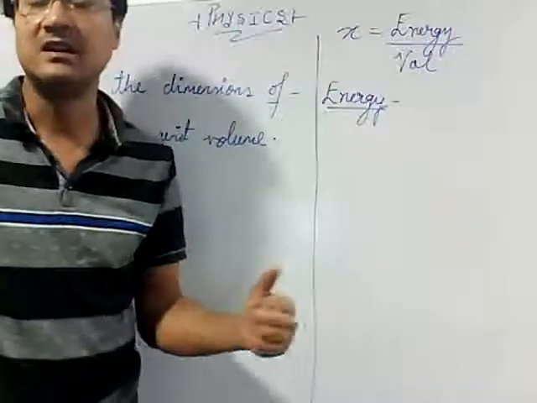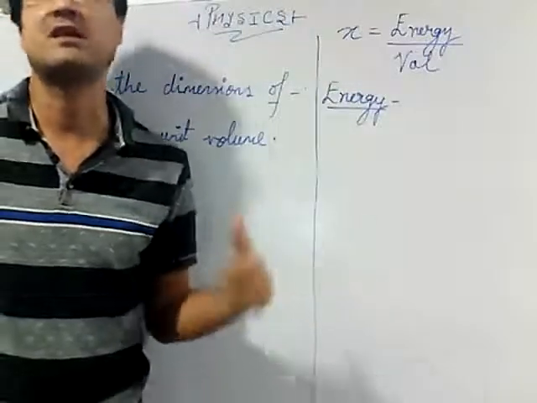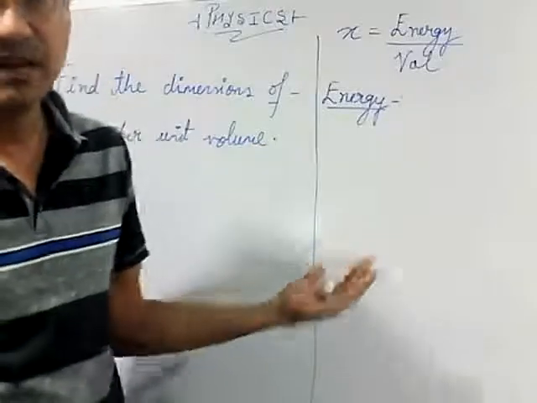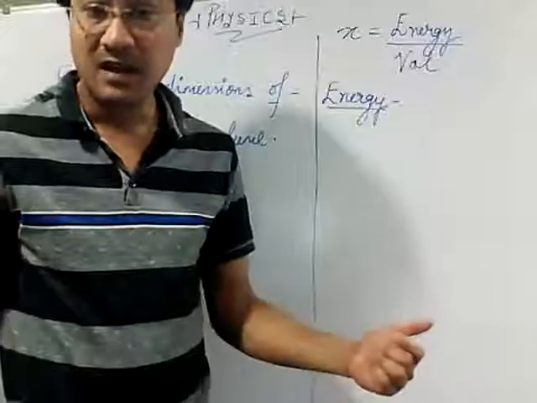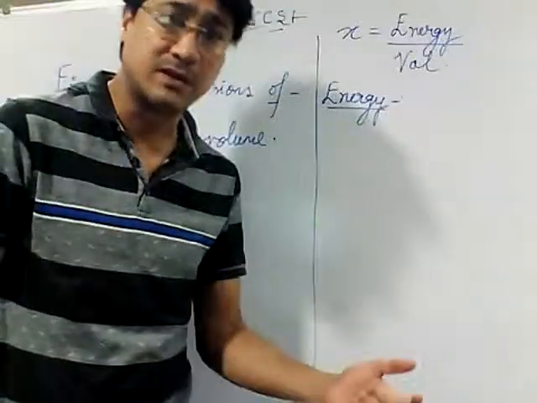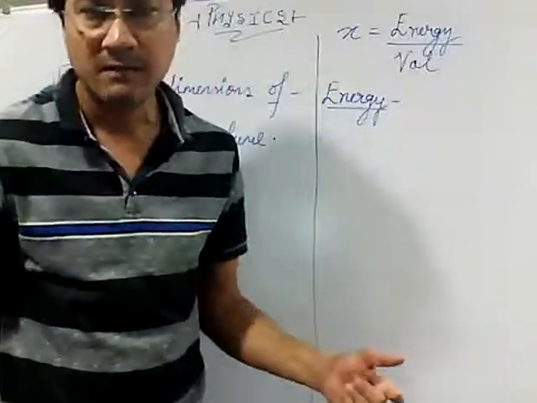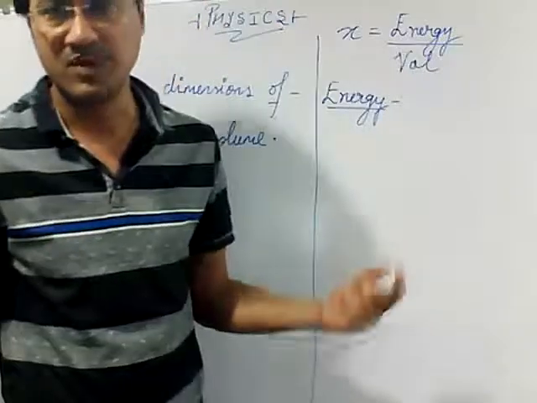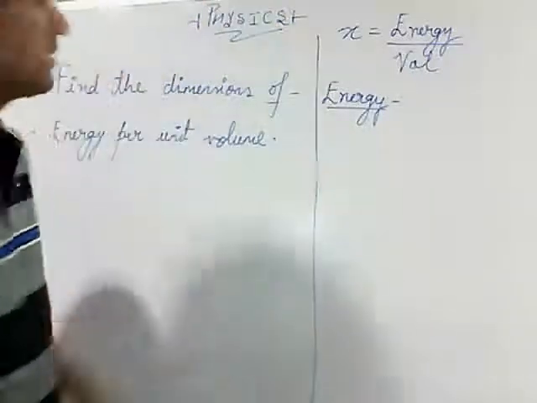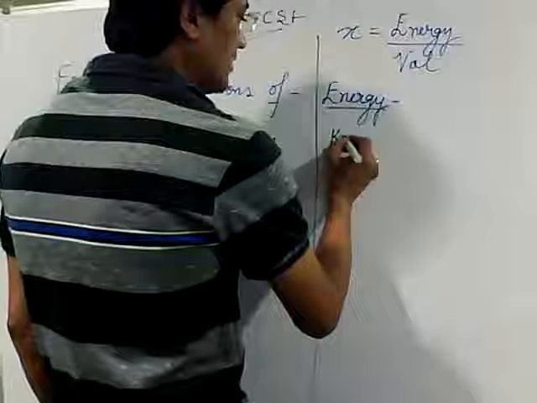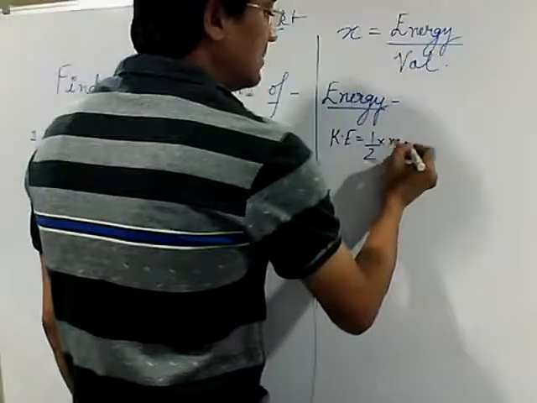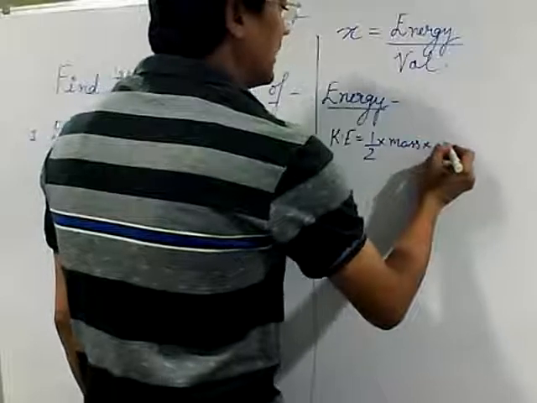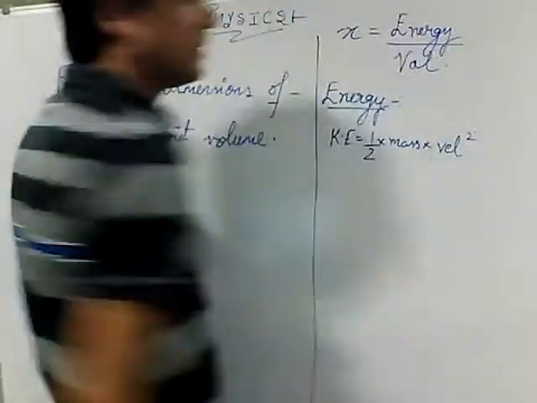Now, yesterday we did that energy has the same dimensions as that of work done. As well as we also read that all the family members, they have the same dimensions. So one of the family members of energy is kinetic energy, which is given as half into mass multiplied by velocity square.